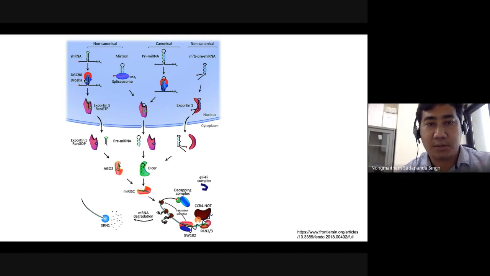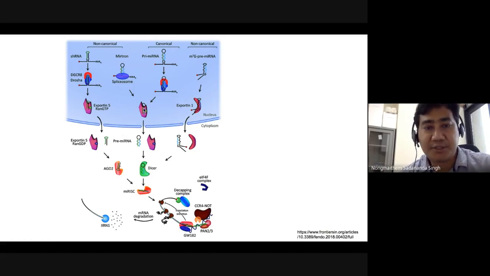One of the RNA binding proteins, DGCR8, binds to the primary microRNA, or generally recognizes the loop structures present in the primary microRNA. And this binds and recruits the endonuclease Drosha. And Drosha, along with DGCR8, allows the cleavage of the primary microRNA to give the pre-microRNA.